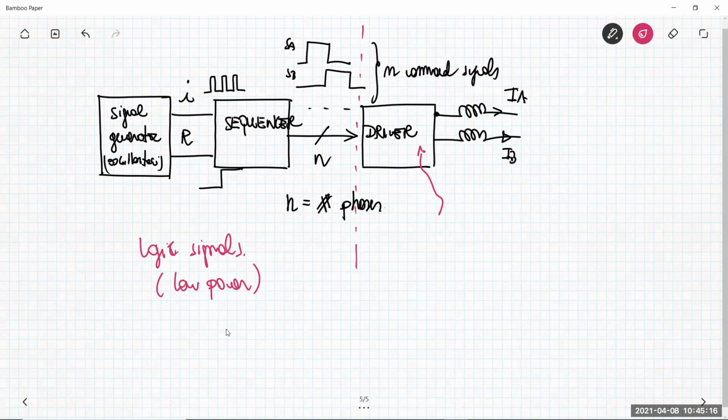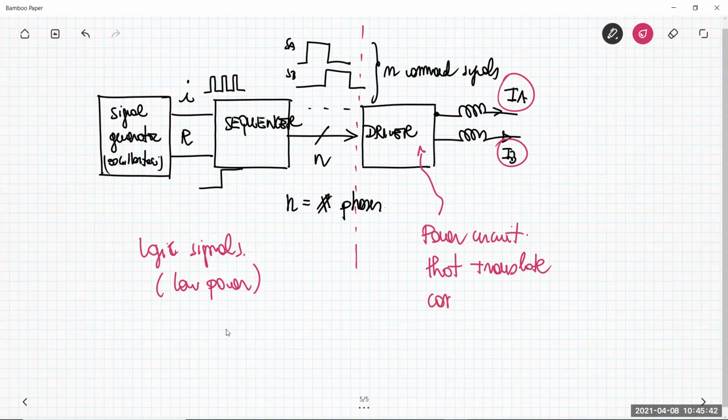But the driver amplifies the power of this command signal in order to generate the required current to get the required torque. So this is a power circuit that translates command into current flowing into the phases.